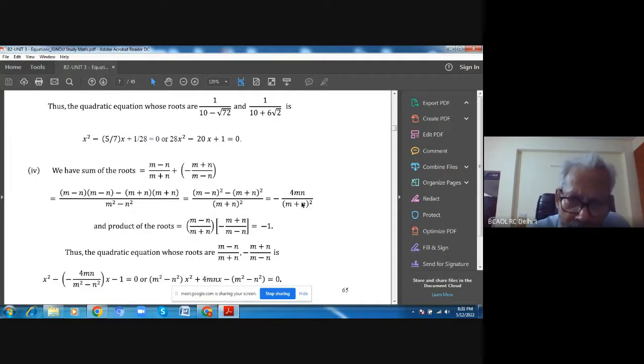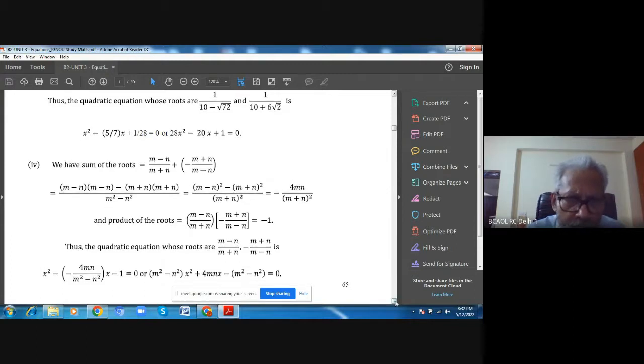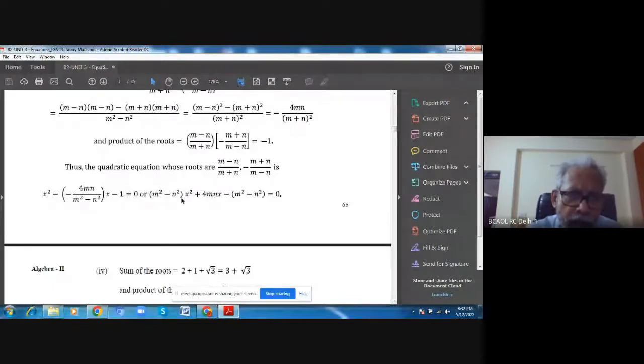This portion and this portion. And you make an equation based on these two. That's all. So the equation will be like this. In this equation you see some x square will be there, then some bx, and this is the c part. So x square plus bx plus c. This is the formation of the quadratic equation. That is your answer. Okay.